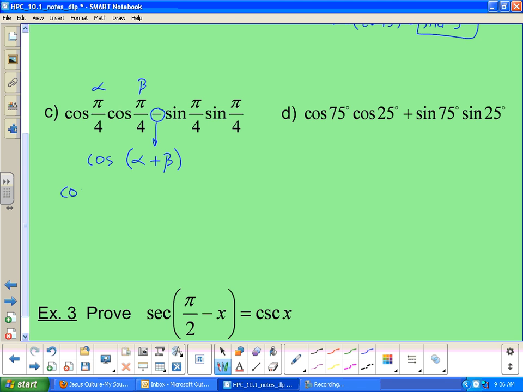So we have the cosine of pi over 4 plus another pi over 4, making cosine of 2 pi over 4, which is the cosine of pi over 2. So there's my relationship there.